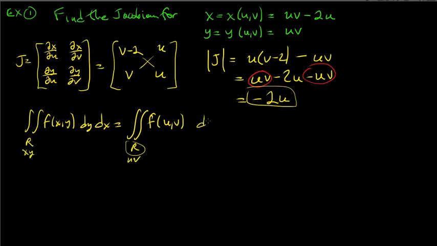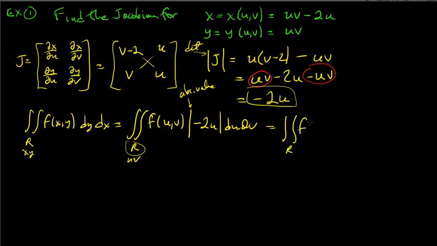But yeah, so it's not just du dv here, right? It's going to be, well, don't forget there's also the absolute value. So this symbol means determinant, and this symbol means absolute value. Then you do du dv, right? And so it's going to be a positive 2u because of the absolute value.